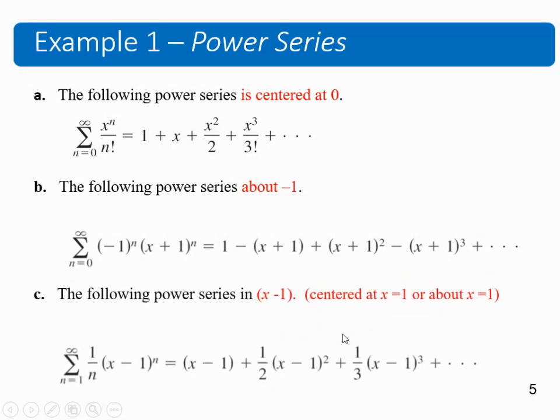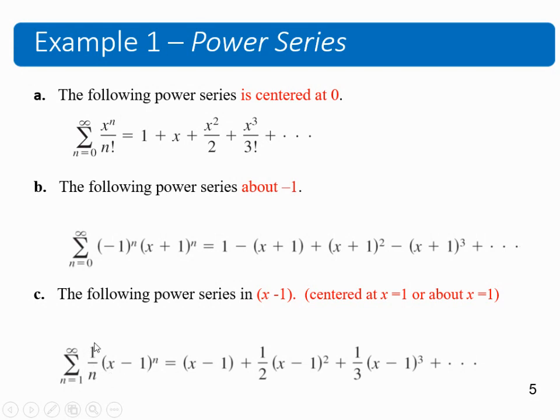And the third way of saying it's centered at something for this power series, you can say the following series is in, and then you state the factor, x minus 1. And when it's x minus 1, that means it's centered at x equal to 1, or you can say about x equal to 1. And so that's just stating what that factor is.